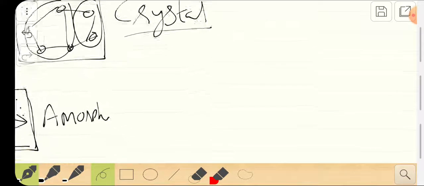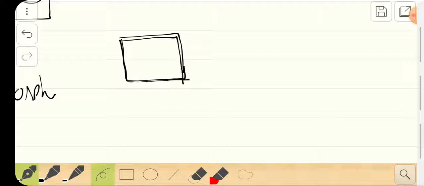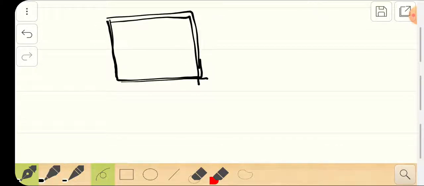So you can classify the crystal as comprising a lattice. These lattices make up the whole of the material. In a lattice there are points where the atoms are located.